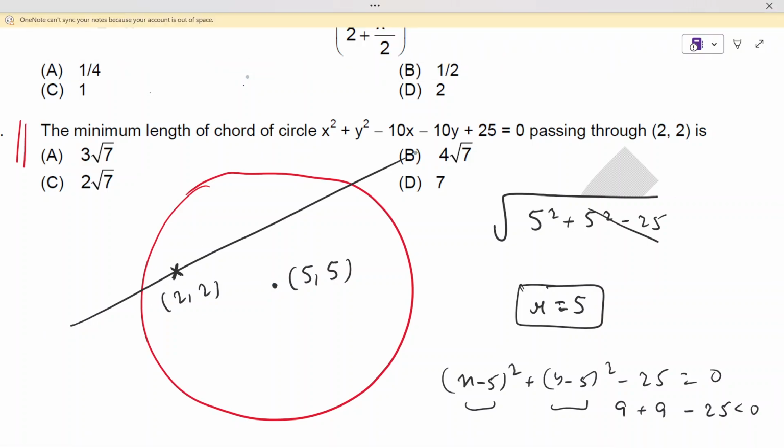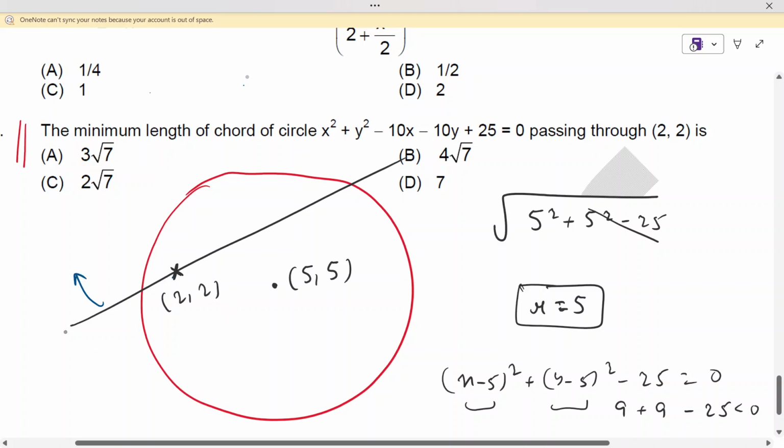So like this is our chord out there. We have to calculate the minimum length of the chord passing through 2, 2. So let's say I can easily calculate the equation of that chord in the h comma k form and all these kinds of things. I can write y minus 2 equal to m into x minus 2.